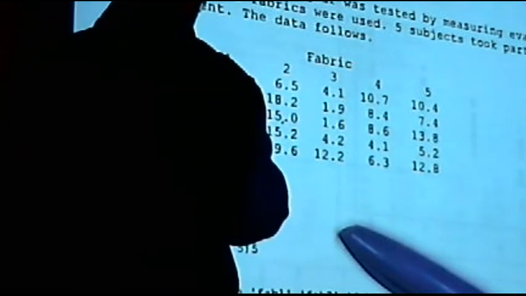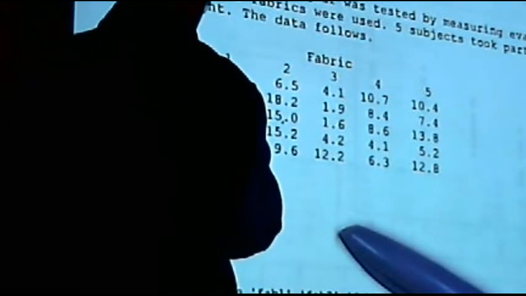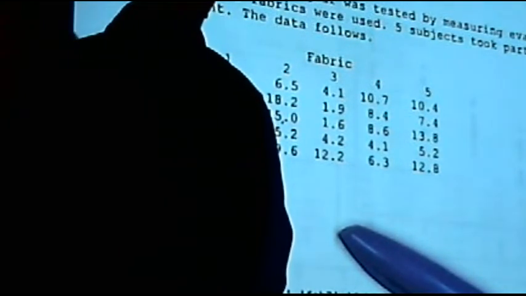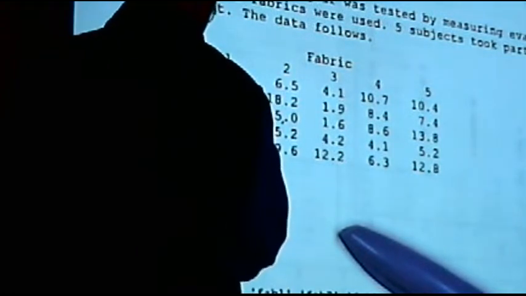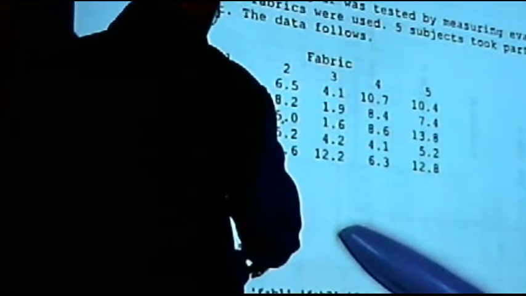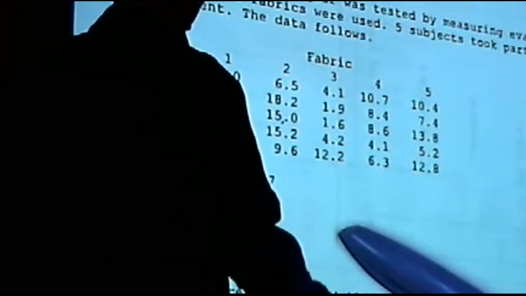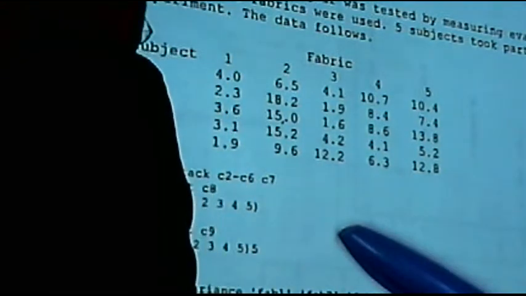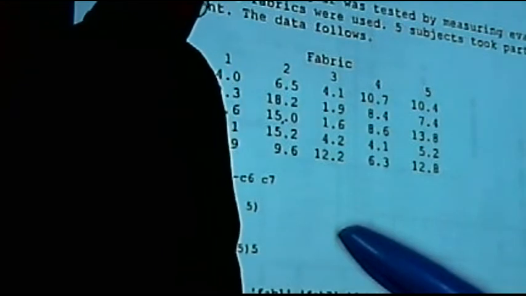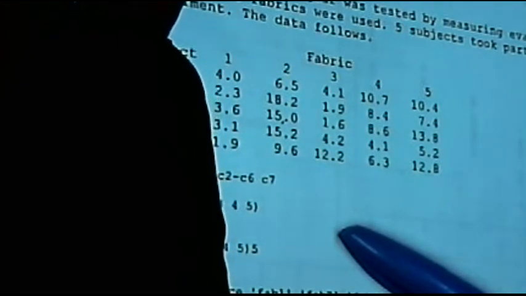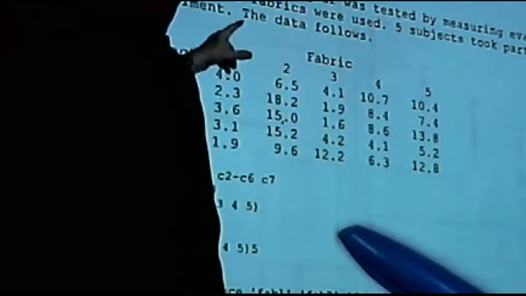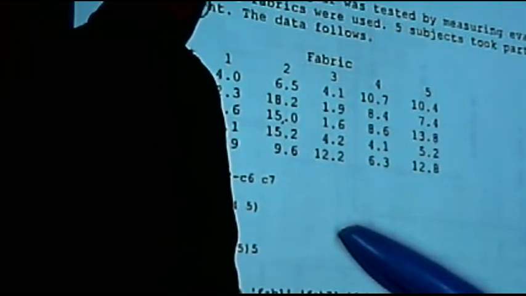Then I'm going to set a new column C8 to be 5 to 5. And then I'm going to set another column C9 to be 1 through 5 parentheses 5. And so, like in the previous example, I'm setting up these indicator numbers for subject indicator and then fabric indicator.